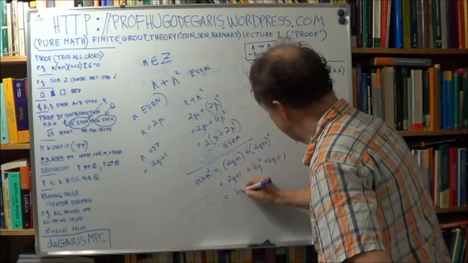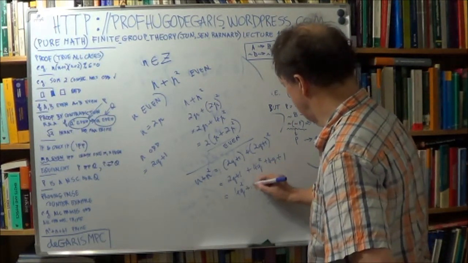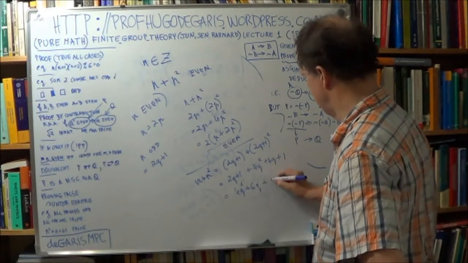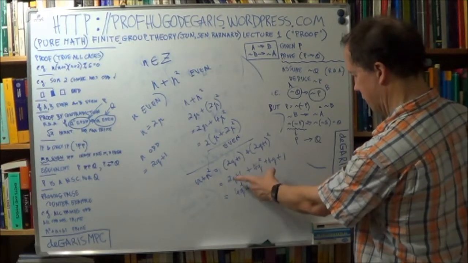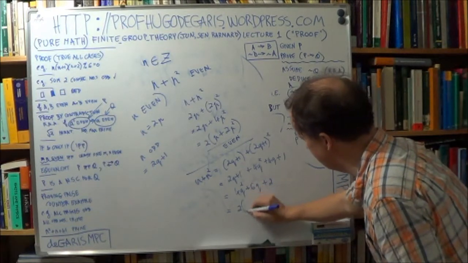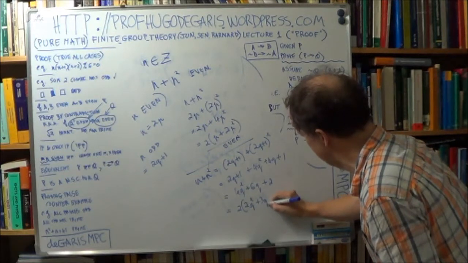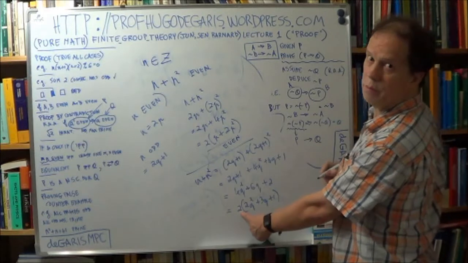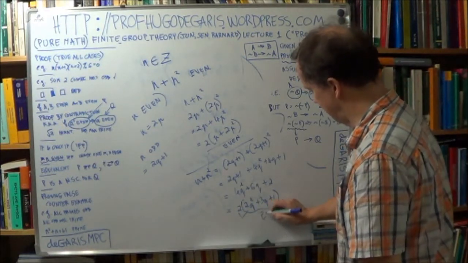So that's 4q squared plus 6q, these two, 6q plus 2, right? 1 and 1. Now you have a factor of 2 in common, so 2q squared plus 3q plus 1. Now whatever this is, you're multiplying by 2, therefore this whole thing must be even. Alright?